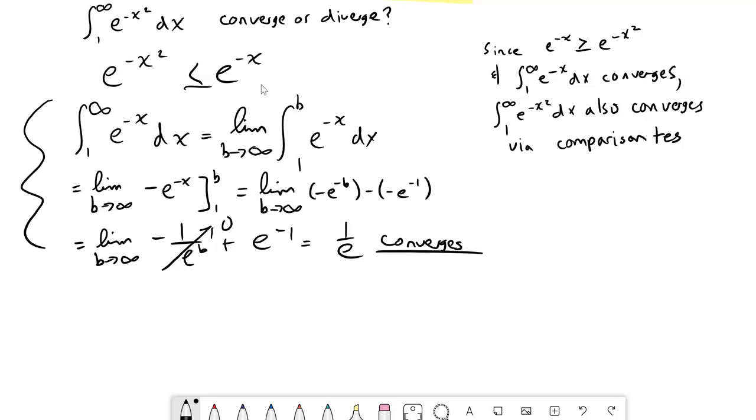And I found ultimately it converges. And that tells me one key piece of information. Since it's always bigger than the other function that we are looking at, and the bigger function, e to the minus x, always converges on that interval, then this one should also converge. And that's the whole premise of the comparison test.